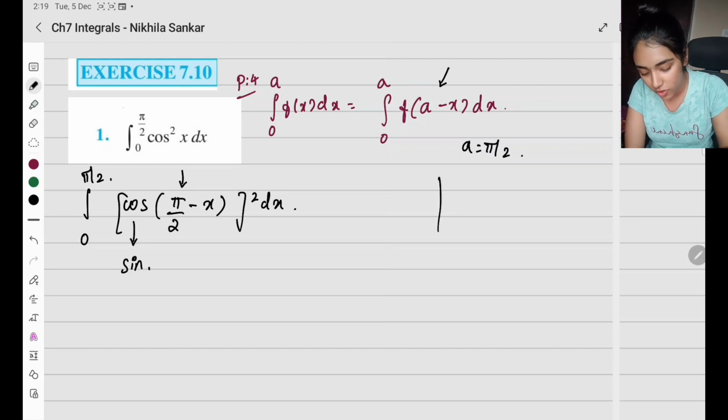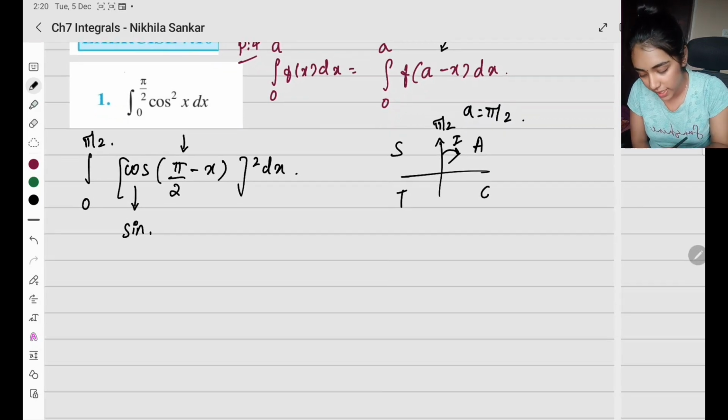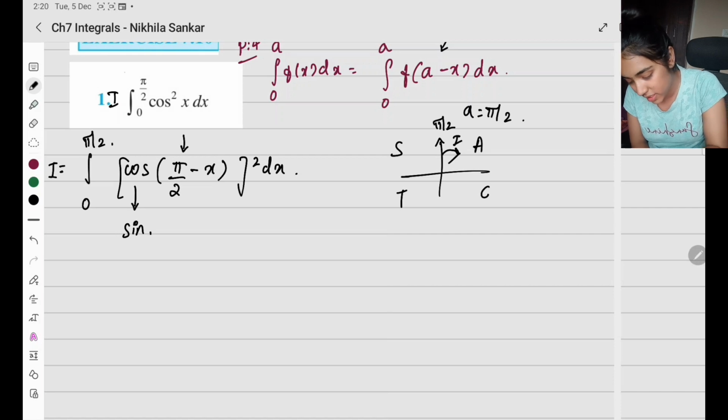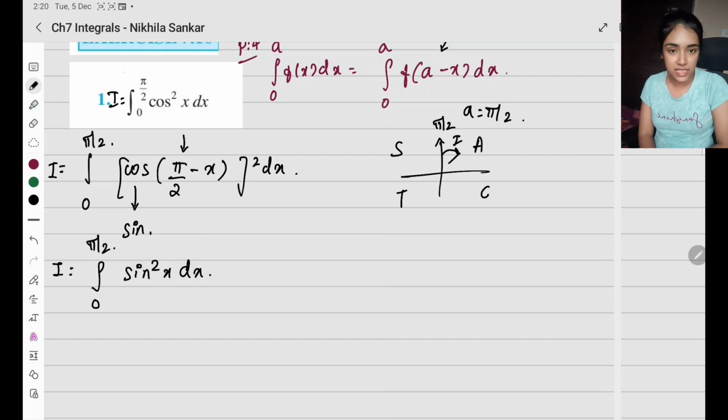Whether it is positive or negative, how do we know? All silver teacups. Pi by 2 minus x, we are talking about the first quadrant. This is my pi by 2. In the first quadrant, everything is going to be positive. So, I'll take the question to be I. So, I equals the integral of 0 to pi by 2 of sine square x times dx. This is what I get.